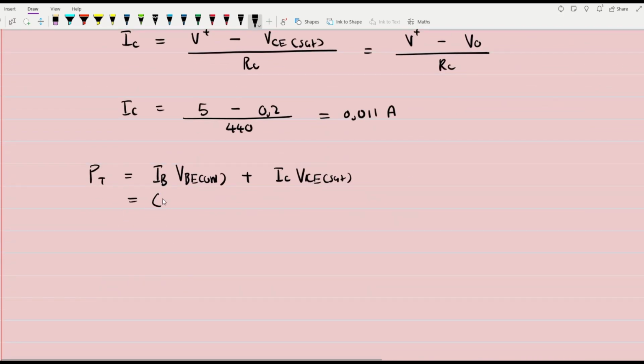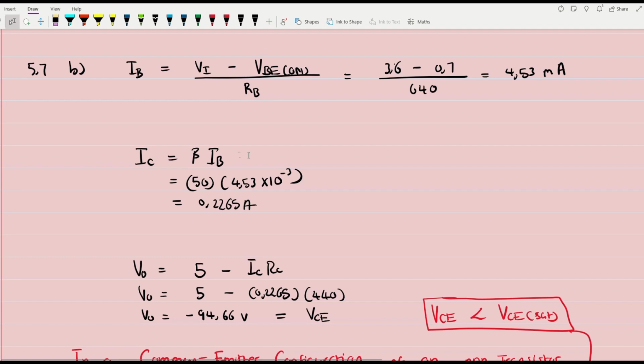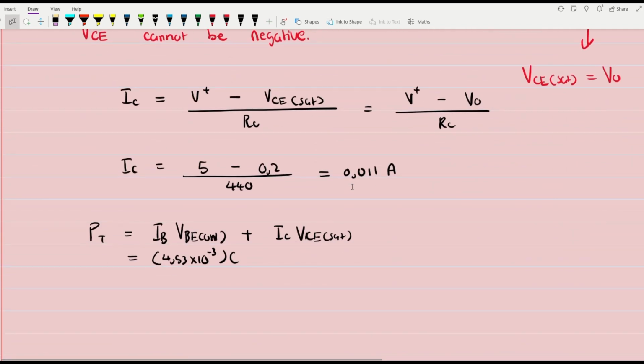We're going to write that down: 4.53 multiplied by 10 to the power of -3, multiplied by VBE on, which is 3.6, plus IC, which is 0.2265, multiplied by VCE saturated, which is 0.2.